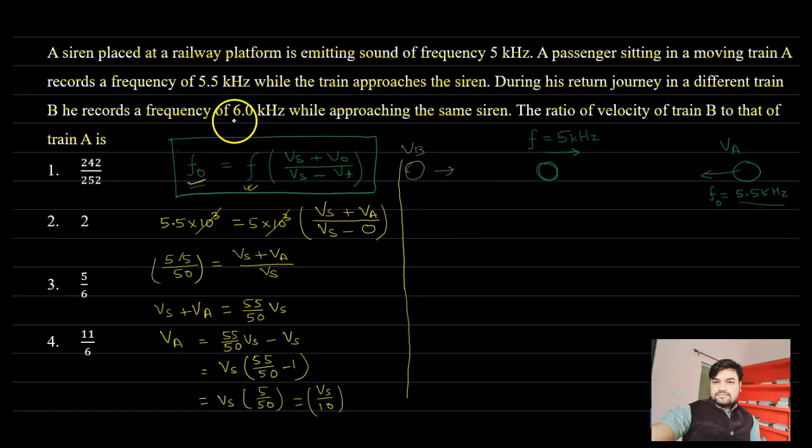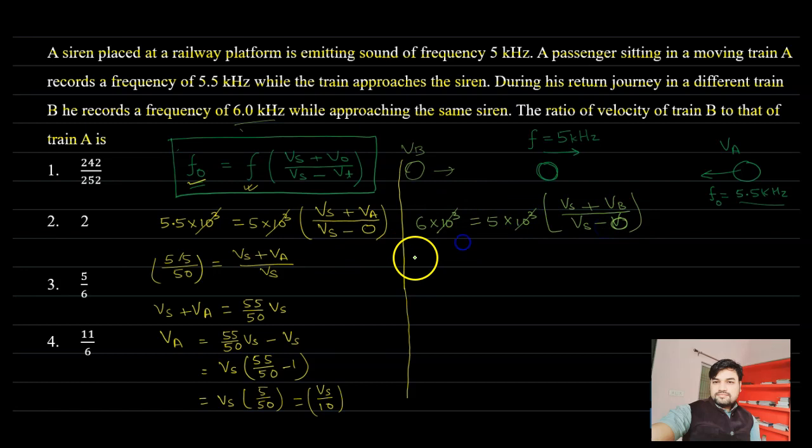The frequency observed in this case is 6 kilohertz. The original frequency emitted by the platform siren is 5 kilohertz. Velocity of sound plus velocity of observer B, divided by velocity of sound minus velocity of source, which is the platform. So this velocity is 0.